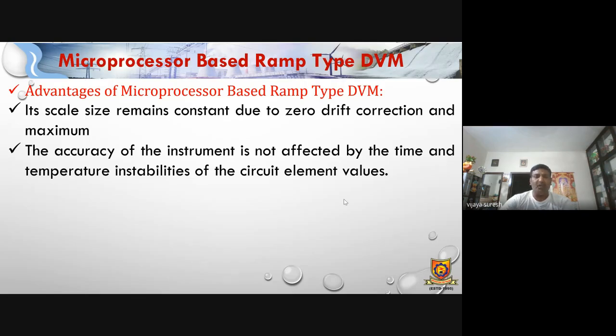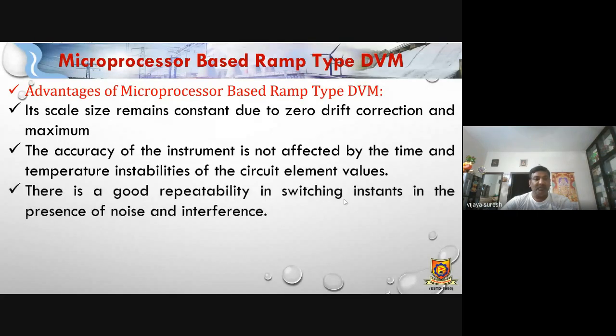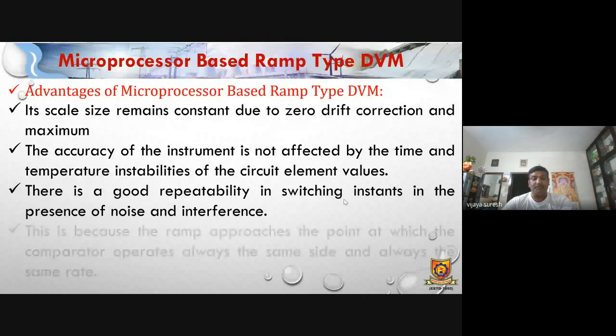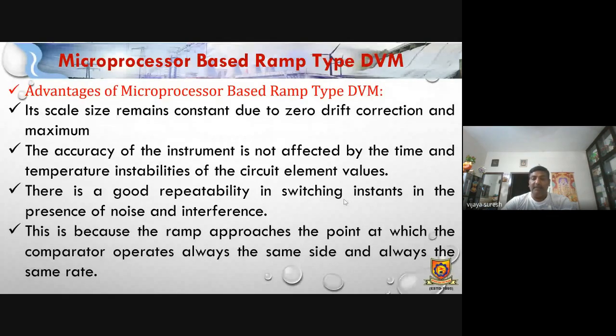Drift will not occur, and accuracy of the instrument is not affected by time, because even temperature instability will not change it. So there is good repeatability in the switching instant, even in the presence of noise and interference. Because of the ramp approach, the point at which the comparator operates is always the same, always at the same rate, nothing but the same slope.